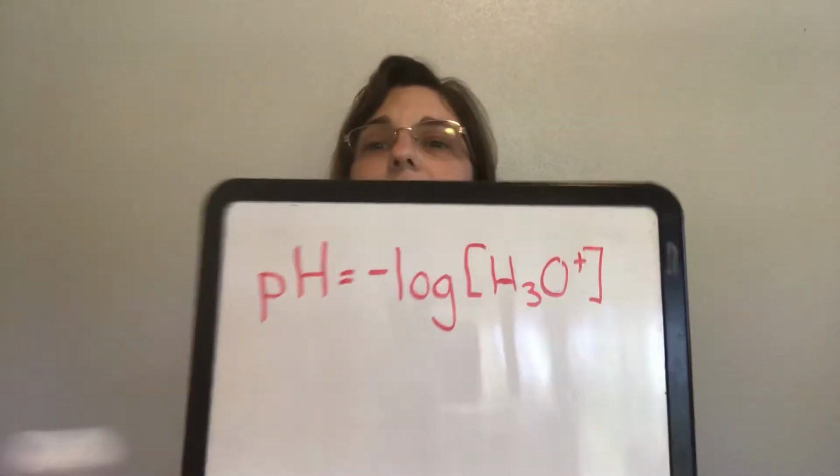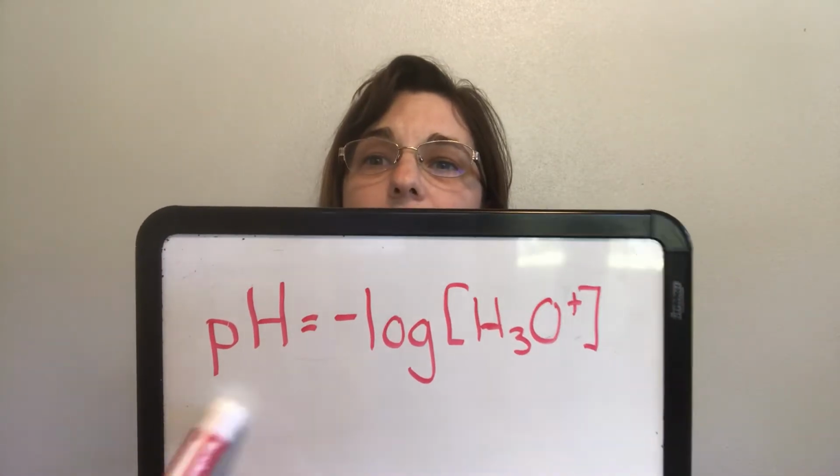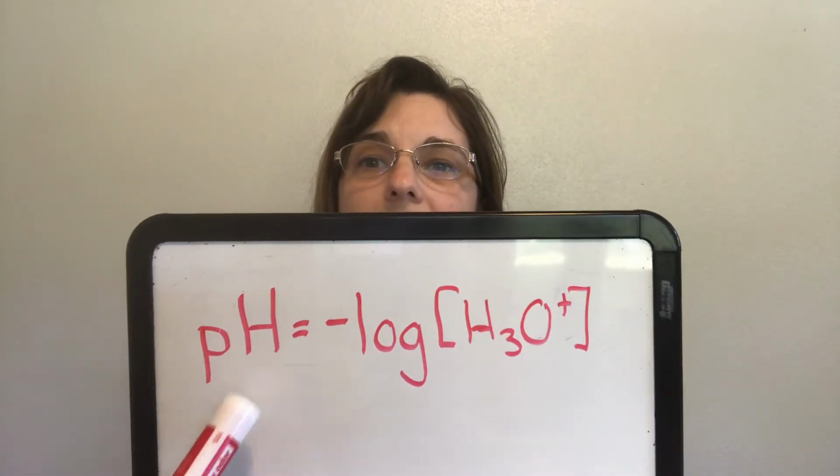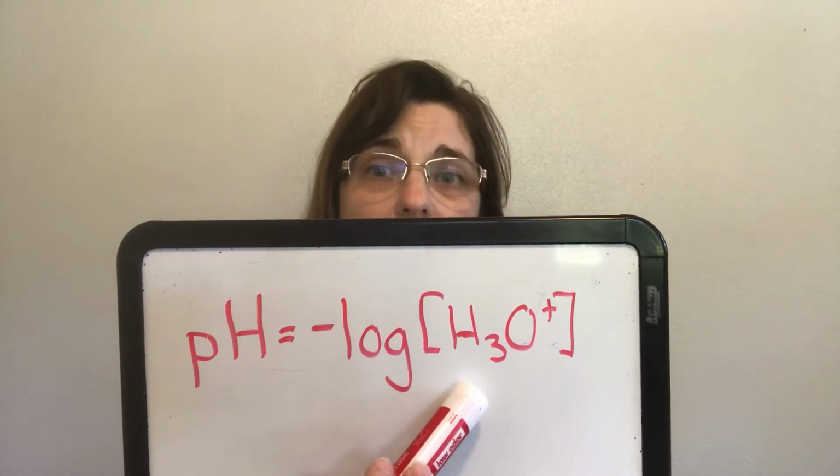His idea was that pH, which is usually a number from 0 to 14, is equal to the negative log of the hydronium ion concentration. The hydronium ion concentration is typically something really small, like, for example, 10 to the negative 8.